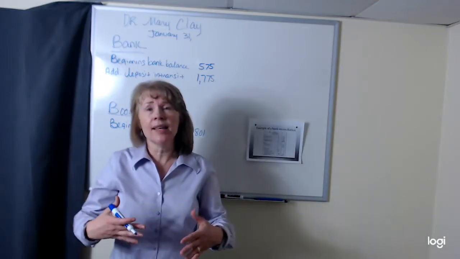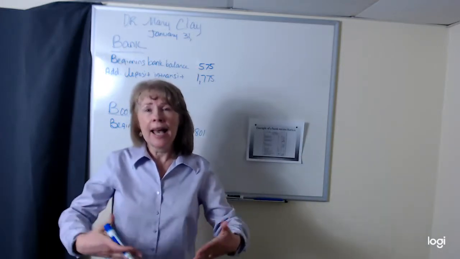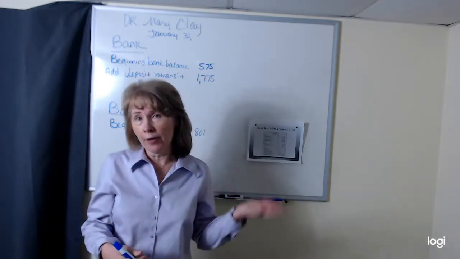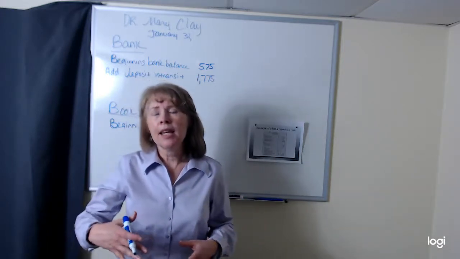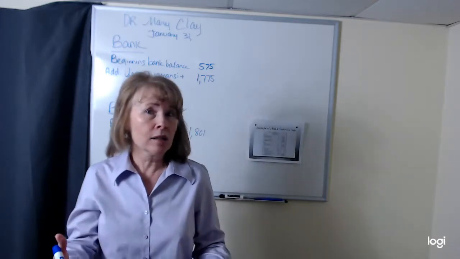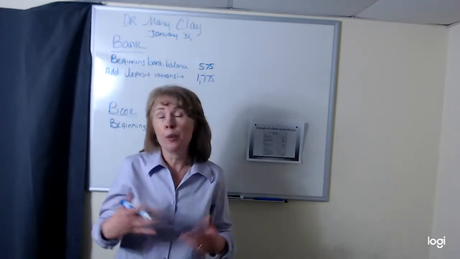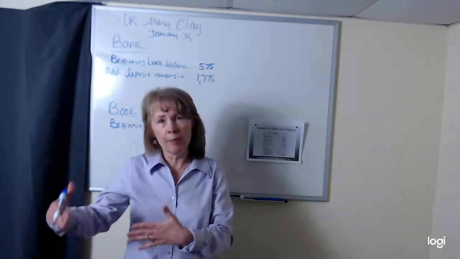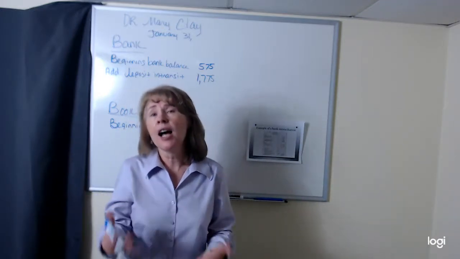A deposit in transit is just that. It's a deposit that the company has received and they've completed a journal entry on their book side, but it could have been put in a lockbox. It could have been put in a depository for the bank, and it hasn't been brought to the bank yet. So that's just a timing issue.